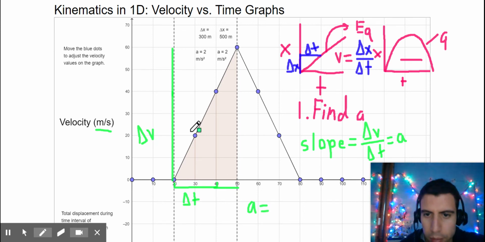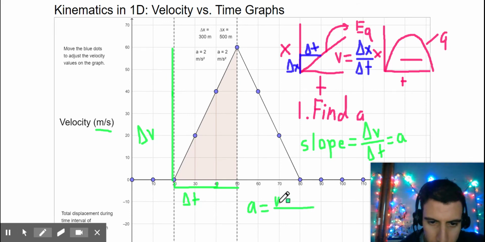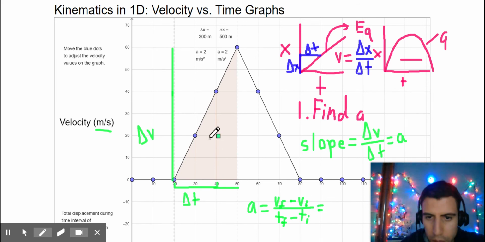If you remember, if we are going to find this, we need V final minus V initial, or delta V over delta T. This is what delta V means. So delta T means time final minus time initial, or starting time. And I decided to start a little off zero so I can give you a little bit of a harder example.